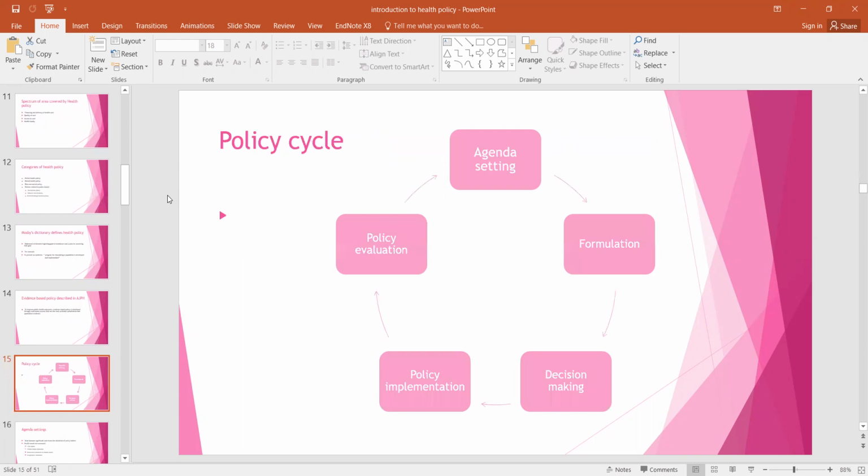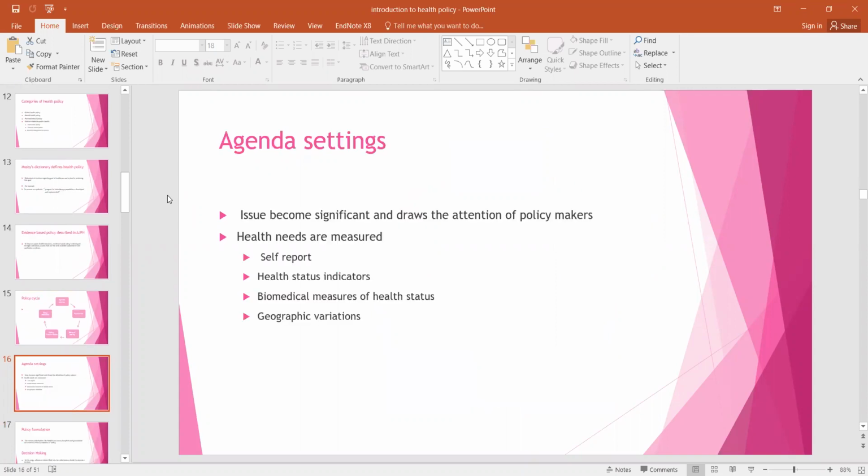Now comes the policy cycle, and policy cycle consists of 5 basic steps, which are agenda setting, policy formulation, decision making, policy implementation, and policy evaluation. First is agenda setting. Issue becomes significant and draws the attention of policymakers.